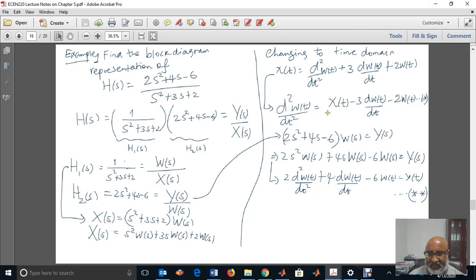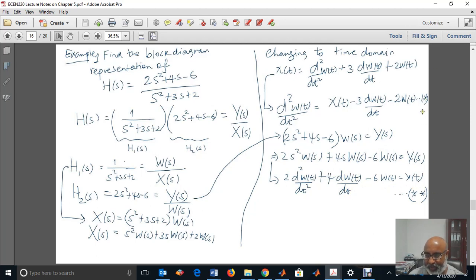So in the second system, we have 2s squared plus 4s minus 6 times w of s is equal to y of s. Again, multiply this: 2s squared w of s plus 4s w of s minus 6 w of s is equal to y of s. Then change it to time: 2 times the second derivative of w plus 4 times the first derivative of w minus 6 w of t is equal to y of t. We have two equations now.